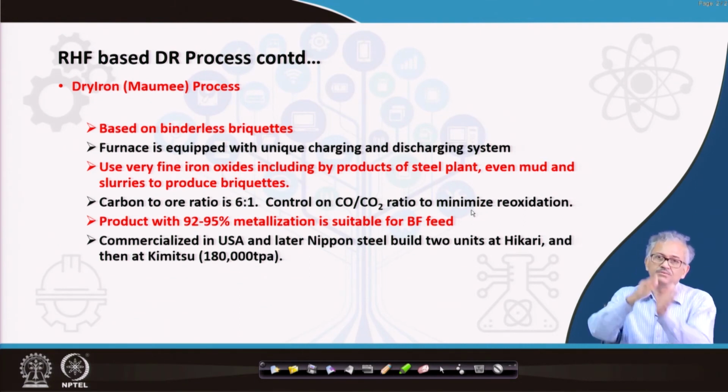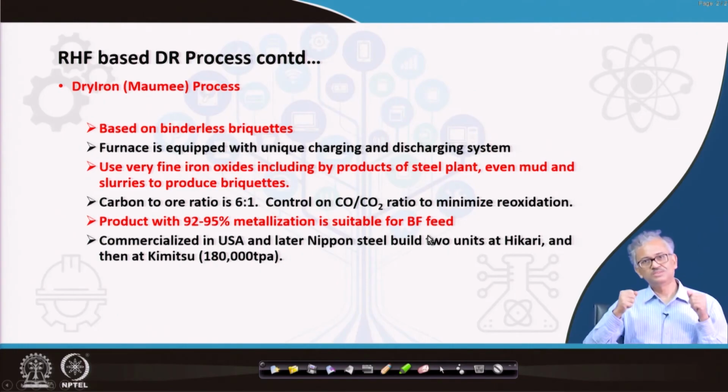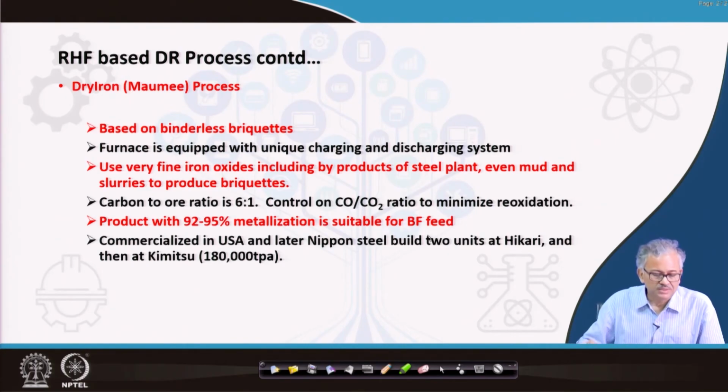So, they are basically giving it to the blast furnace as feed. Because for use in the electric arc furnace, total iron is an important point. You cannot, because the electric arc furnace cannot handle too much gangue. Energetically, that will also make a problem, efficiency wise.